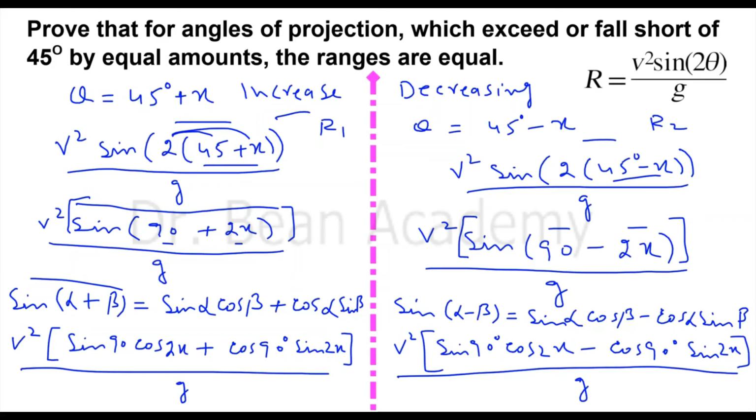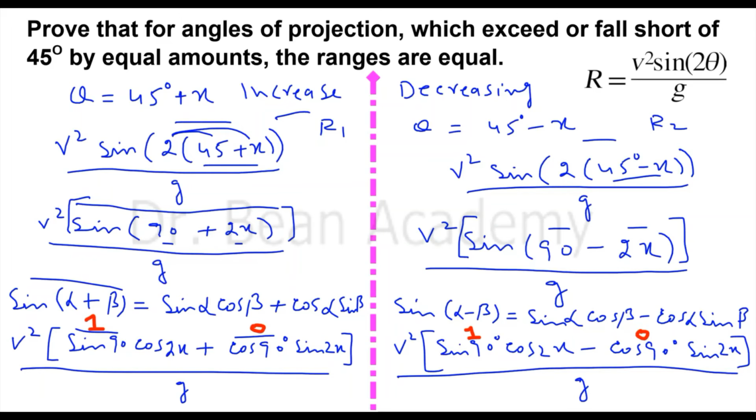I have sine of 90 and cosine of 90, and let's see their values. I use my calculator and it says the sine of 90 is 1, cosine of 90 is 0. And here it's the same.